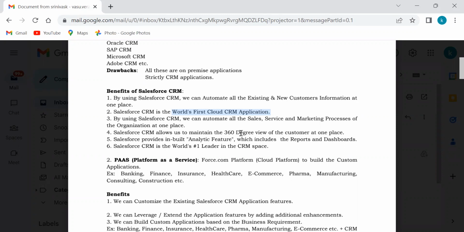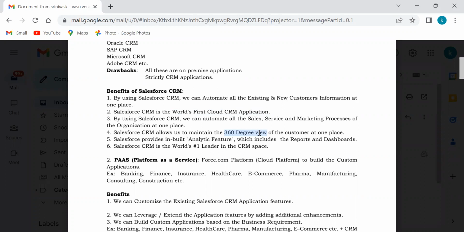Next, Salesforce allows us to maintain a 360-degree view of the customer at one place. What do you mean by this 360-degree view of the customer? It is a feature provided by Salesforce to maintain entire customer related information at one place.